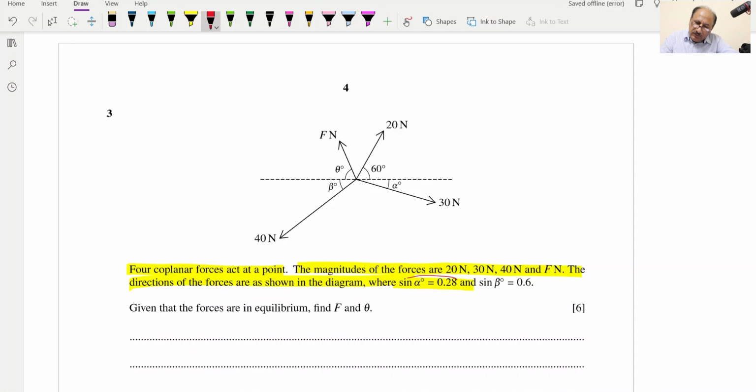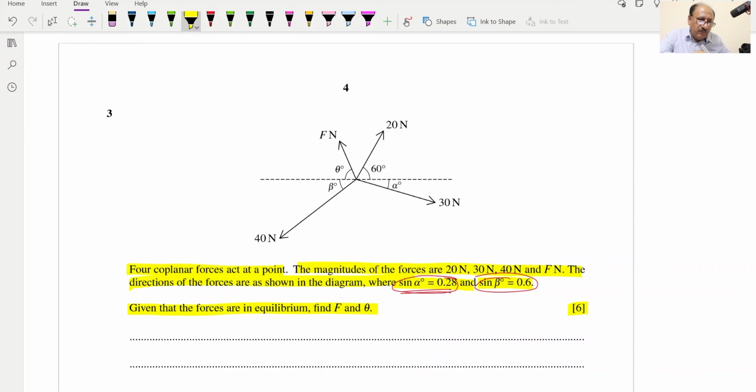So from this we can find the alpha value, and we can use it for cos alpha also. Sine beta is also given, so the same is the case for beta. We can find the beta value and utilize it for cos also. Given that the forces are in equilibrium, find F and theta. This is a 3 marks question.